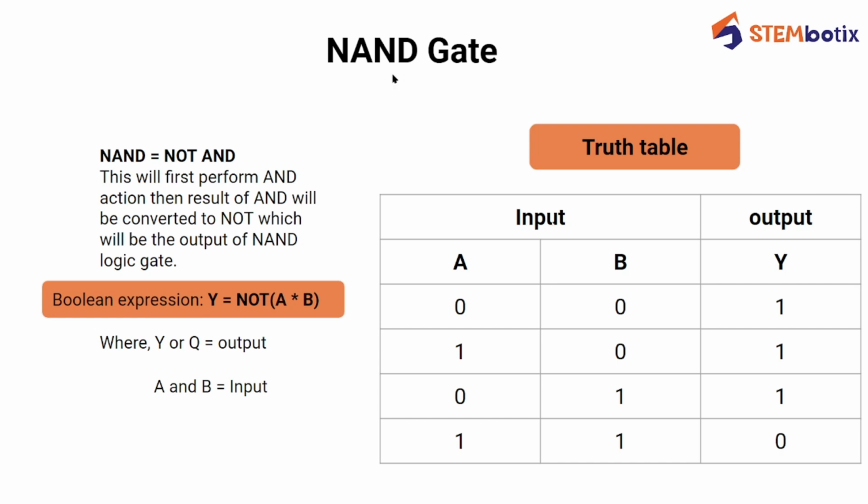Means in NAND gate, it will first perform AND operation, then the result of AND will be inversed, and that would be the final result of your NAND gate. So Boolean expression for your NAND gate would be, first it will perform AND operation, means A and B, and inverse of it, means not A and B. So Boolean expression Y for this NAND gate would be A into B whole bar.